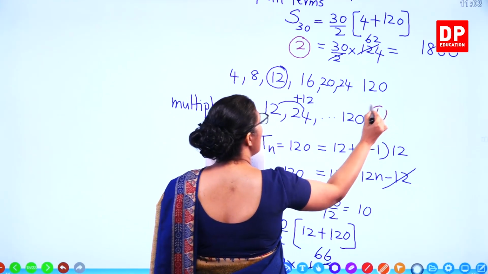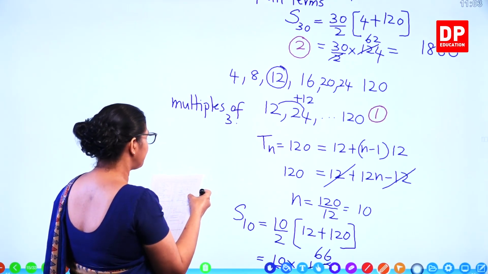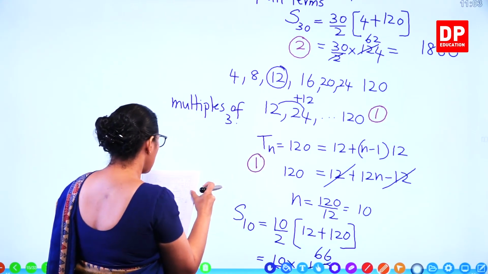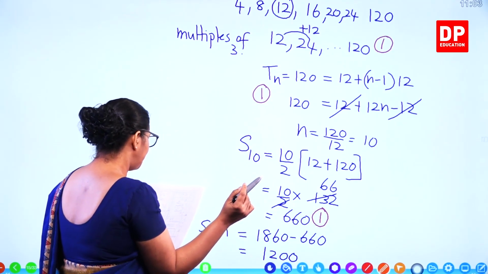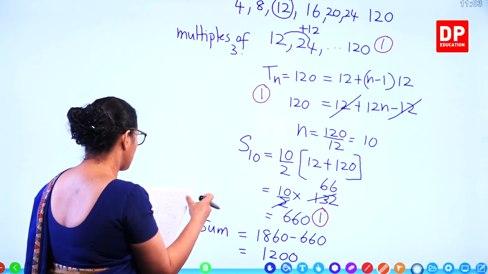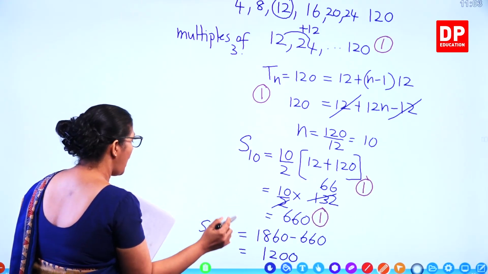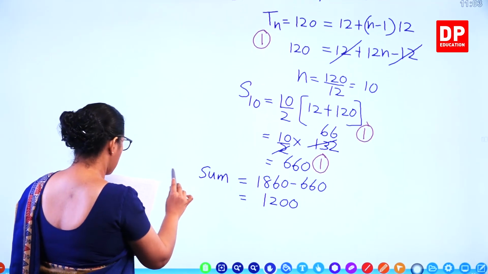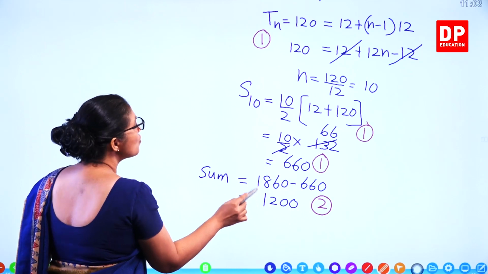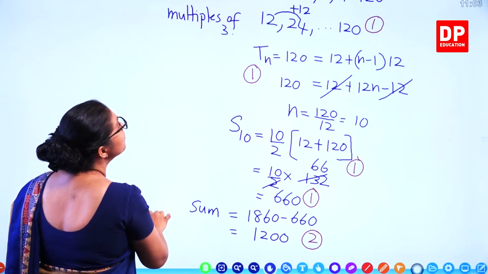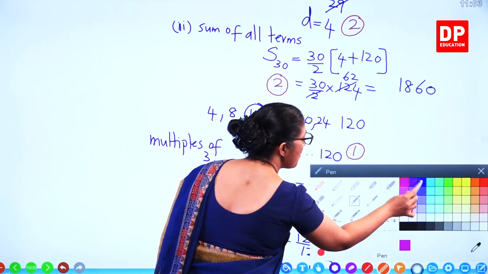Identifying multiples of 3 is 1 mark, finding the number of terms is 1 mark, and 660, the total, is 1 mark, and another 1 mark, 2 marks there, and the last part, 1200, is 2 marks. Altogether that's 10 marks.